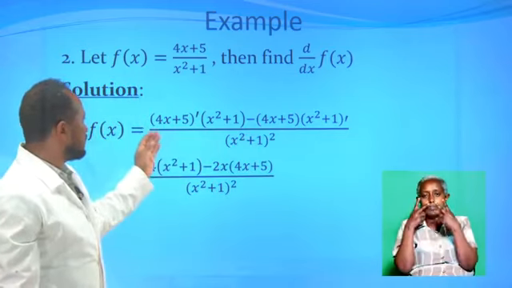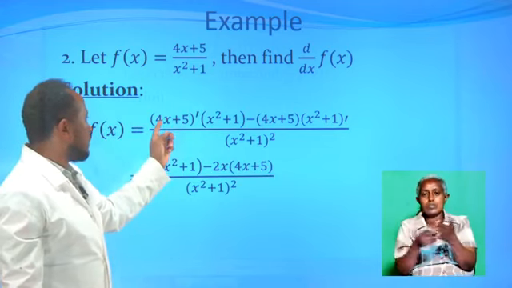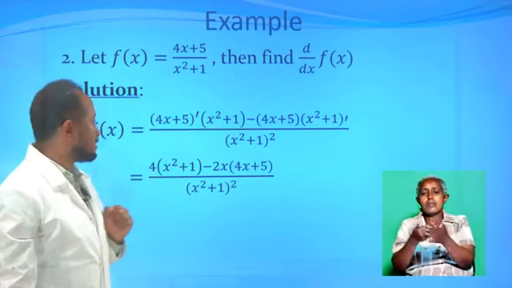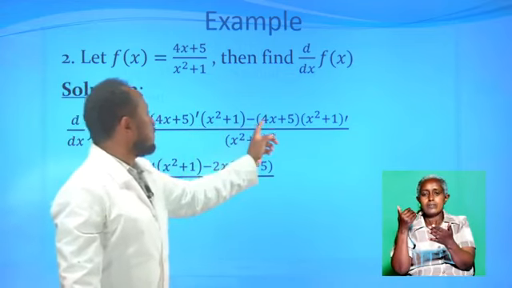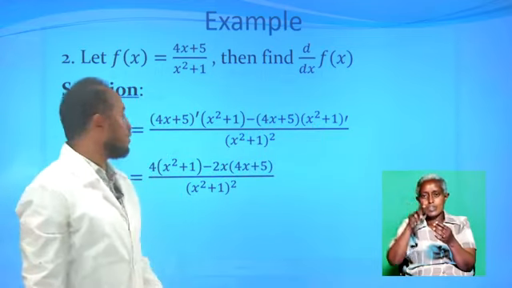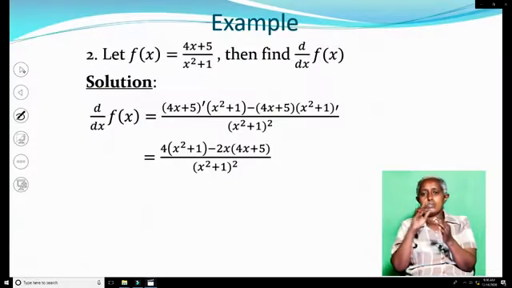The derivative of 4x plus 5 is 4, so 4 times x squared plus 1, minus 4x plus 5 times the derivative of x squared plus 1, which is 2x, so 2x times 4x plus 5, divided by x squared plus 1 squared.